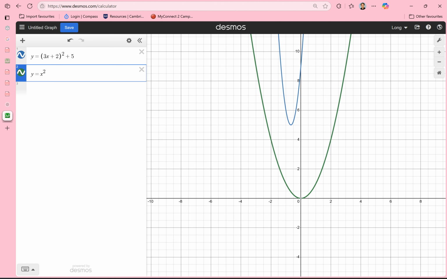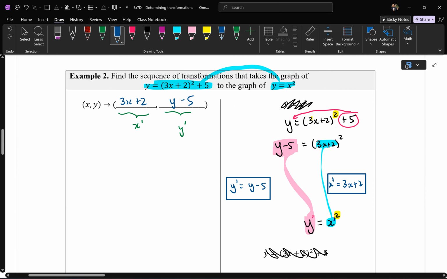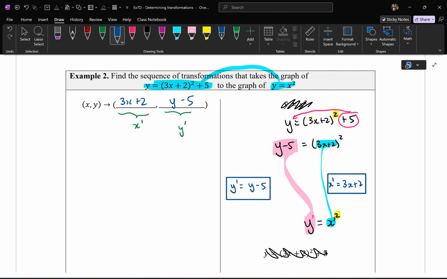So that's why it feels like I'm actually just reversing it. It means if I went up by 5, I have to go back down by 5. If I move to the left by 2/3, then I have to move to the right by 2/3. But what's funny is that already tells you all that. It already actually says move to the right by 2, and here it says move down, because it's like you've already rearranged it all.